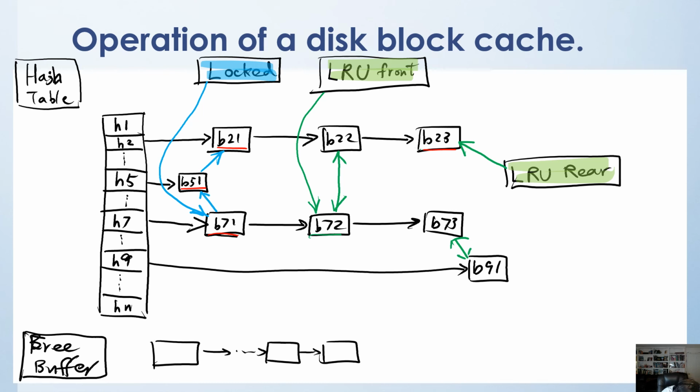So now you directly connect B22 with B73, and then connect B23 with B91. Now B23 is the most recently accessed block.